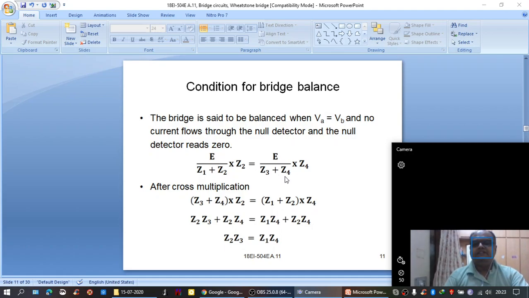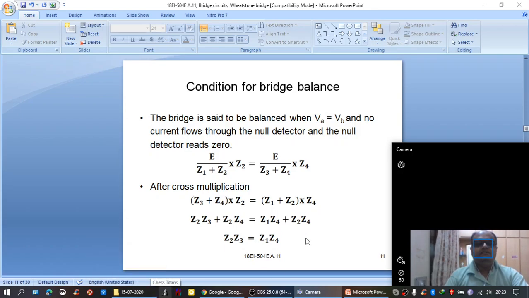So by applying cross multiplication, E on both sides can be cancelled out, right? So Z2 into Z3 plus Z4 is equal to Z1 plus Z2 into Z4. So here it is Z2 Z3 plus Z2 Z4 is equal to, right hand side, Z1 Z4 plus Z2 Z4.